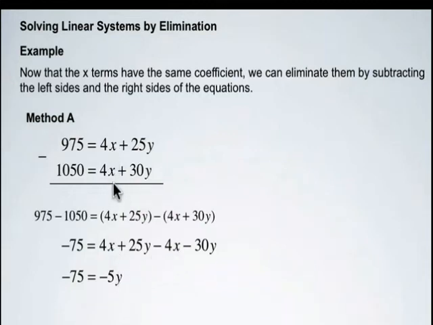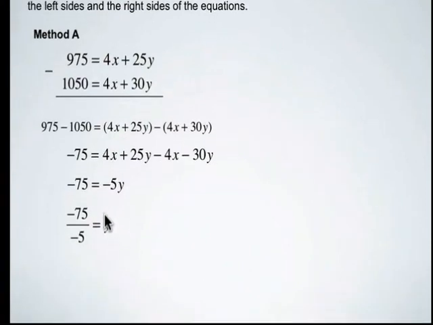That's the reason we want the coefficients the same, because when we subtract the two terms with the same coefficient, we end up with 0. So 4x minus 4x results in the x term being eliminated, and that's why this process is called elimination. And 25y minus 30y is equal to negative 5y. So now we're going to divide both sides by negative 5, and we end up with y is equal to 15.